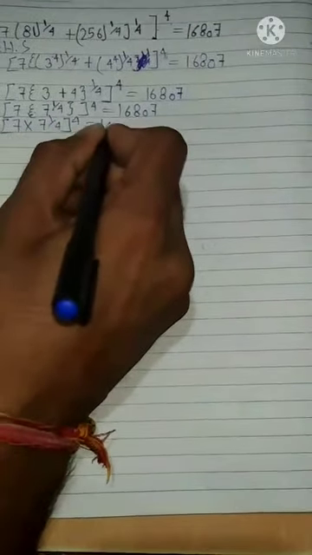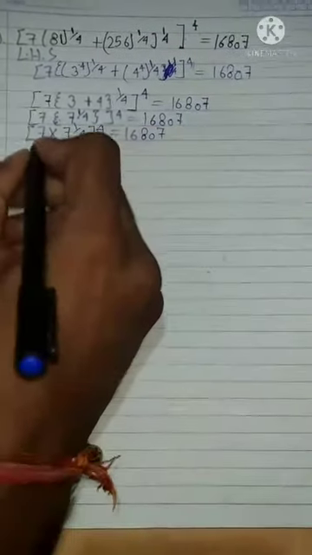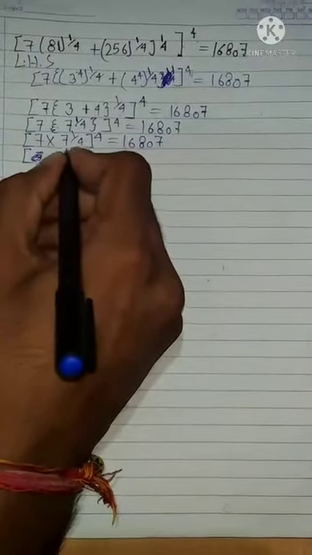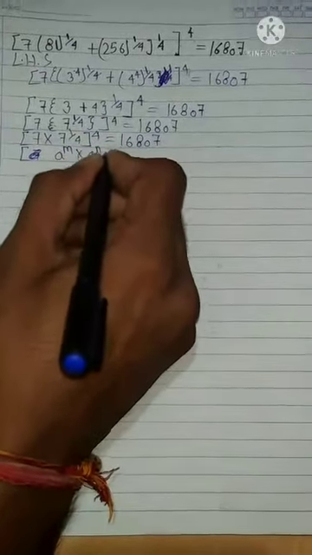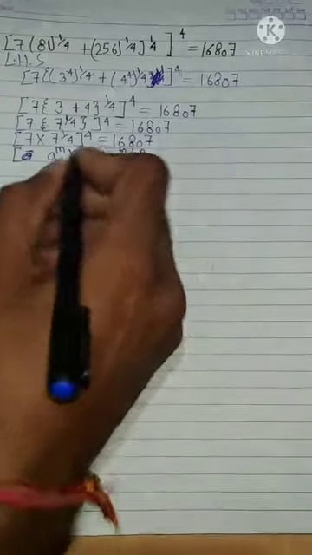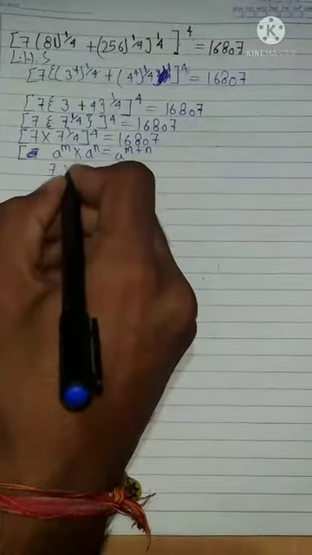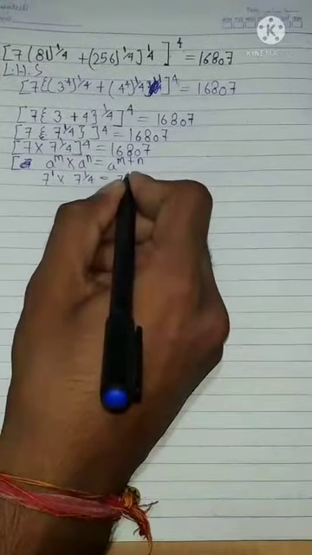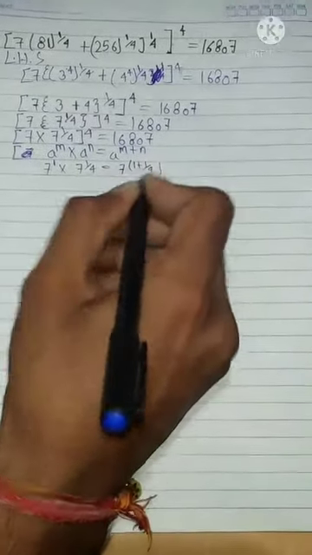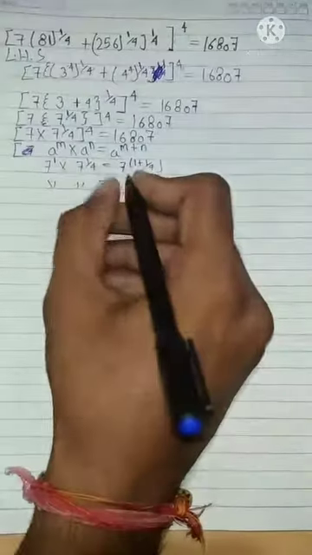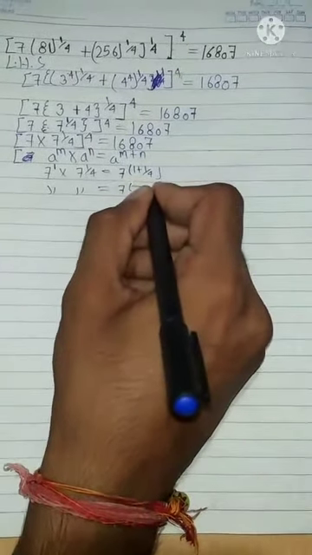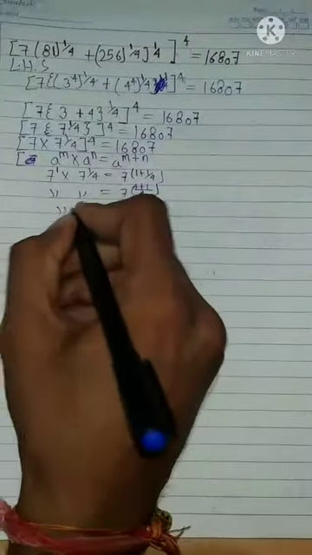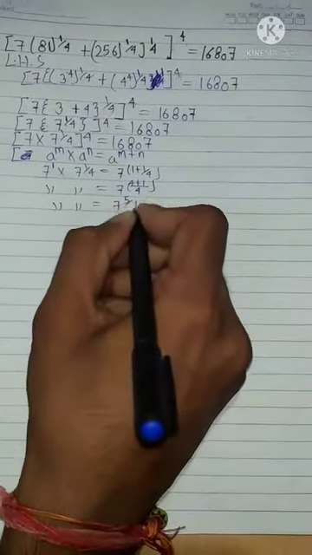Then 7, you add this using the identity a to the power m times a to the power n equals a to the power m plus n, then it becomes 7 to the power 1 plus 7 to the power 1 by 4 equals 7 to the power 1 plus 1 by 4, then it becomes 7 to the power 4 plus 1, it becomes 7 to the power 5 by 4.